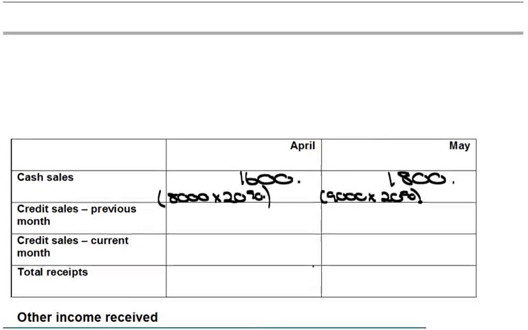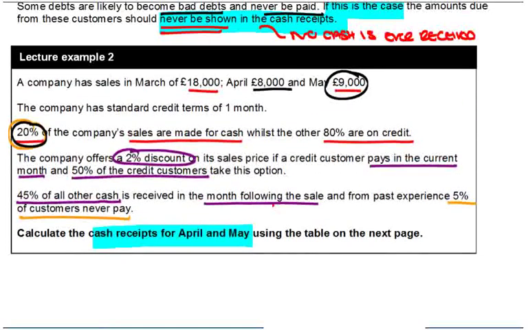So going back to our information, remember 80% of our sales are on credit and 45% of all of those credit sales are received in the month following the sale. All right, so to get my April cash receipts, I need to look at my March sales first of all. So I've got £18,000 worth of sales, 80% of those are on credit and 45% pay in the following month.